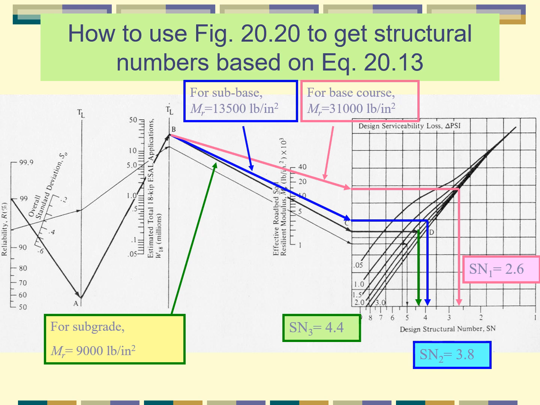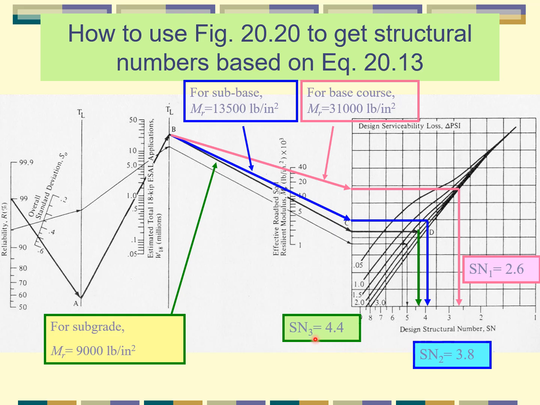So you can see that we have got the three structural numbers, SN1, SN2 and SN3. We got SN1 by using the modulus of resilience of base course material. We got SN2 by using the modulus of resilience of subbase. We have got SN3 by using the modulus of resilience of subgrade.